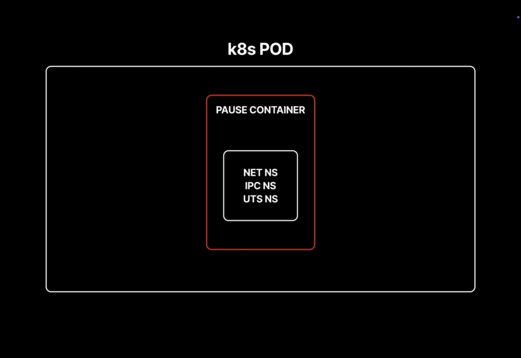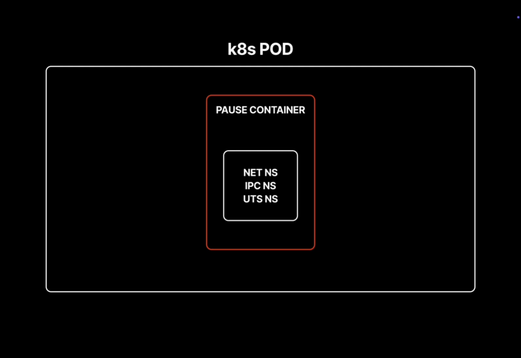Now let's connect namespaces to Kubernetes. A pod in Kubernetes is not a single container, it's a group of containers sharing specific namespaces. When Kubernetes creates a pod, here is the sequence. First, kubelet calls the container runtime, for example containerd, to create a sandbox.